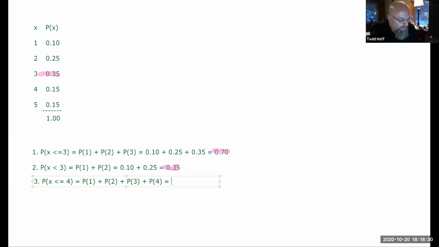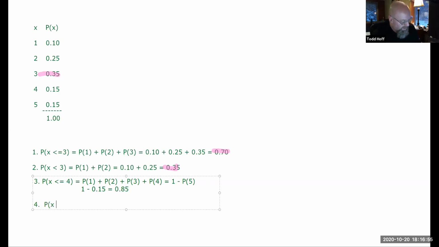Or I could see that that includes everything in my sample space except the 5. So I could just do 1, which is the probability of the whole sample space, minus the probability of 5. So 1 minus 0.15 is 0.85. That's a little quicker than having to add up all 4 of those other probabilities.